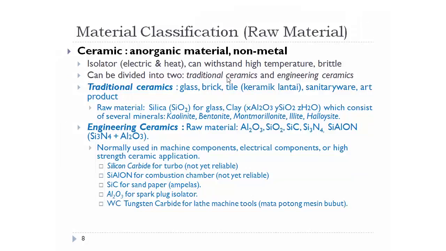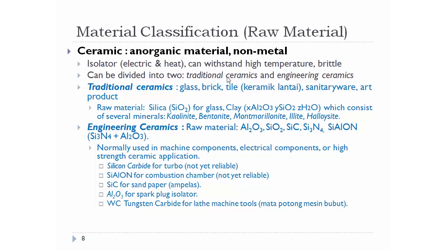Now, the second type, ceramic. There are several different ceramics, but we can divide them into two big parts. The first one is traditional ceramic, and the second one is engineering ceramic.